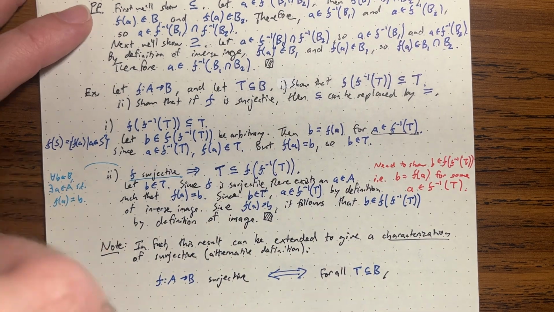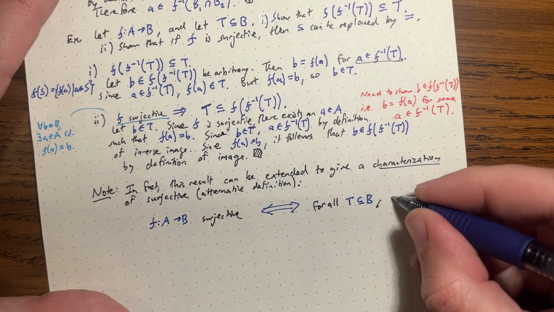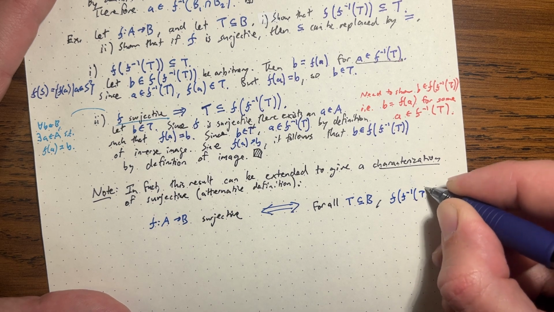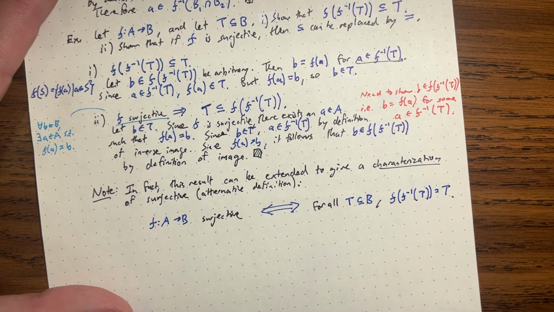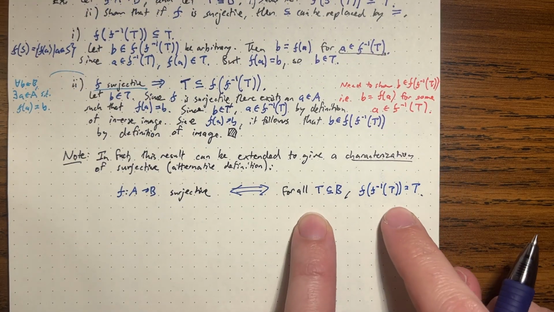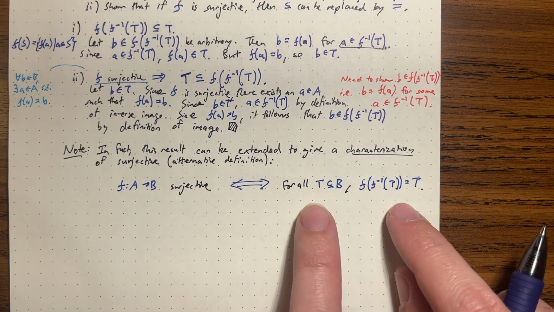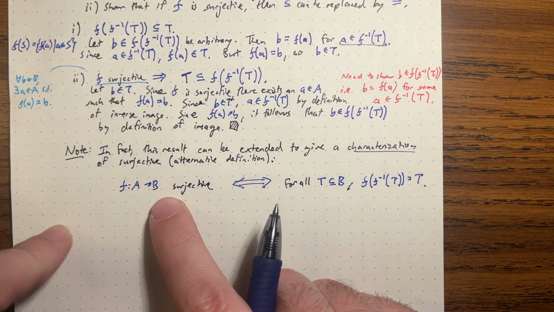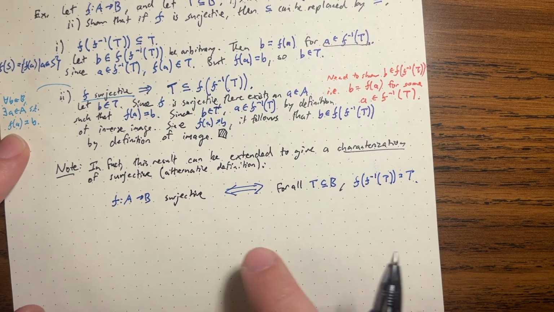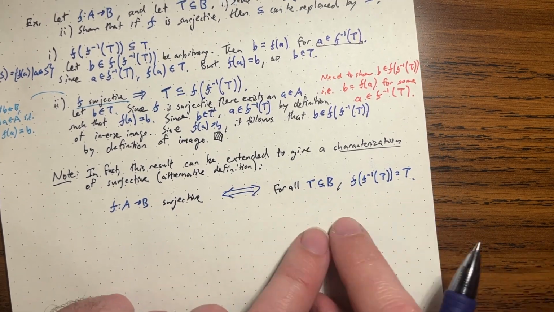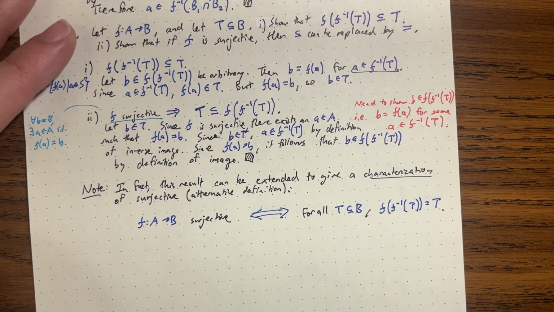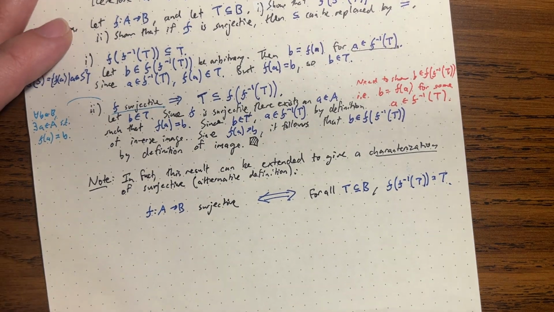So for all T in B, you get f of f inverse of T equals T. Okay, and this turns out to be a kind of fancy looking equivalent definition of surjective. It's really cool. If you want, you can define surjective this way instead of this way, and it's totally equivalent. Let's prove that.